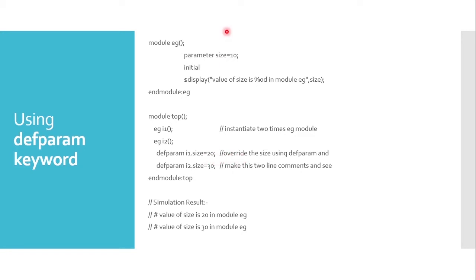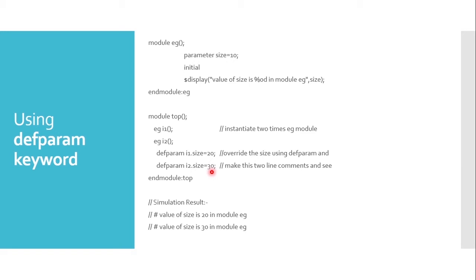So this 10 will be overwritten with this 20. defparam I2.size equal to 30, so this 10 will be overwritten with this 30.